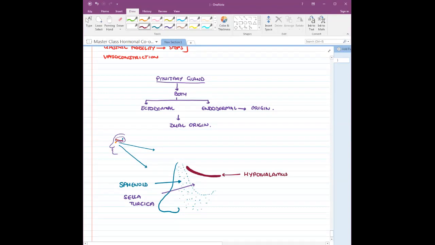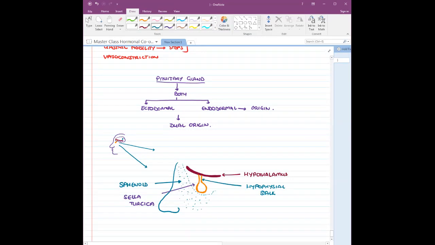Hanging from the base of the hypothalamus you are going to see the P-shaped gland, hanging with the help of a stalk-like structure. This stalk is what we call your hypophyseal stalk.